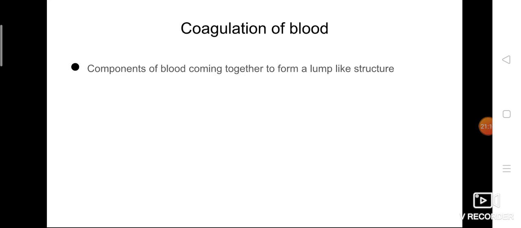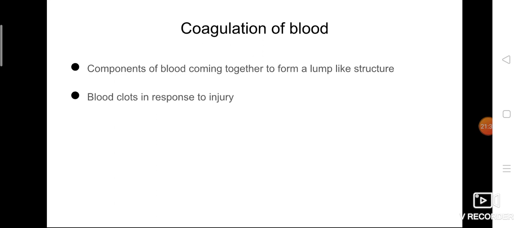So how does it take place? Components of blood come together to form a lump-like structure. Once you find any hurt or wound, what are the components of blood? Plasma, RBC, WBC, platelets.